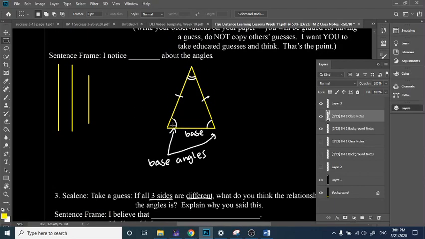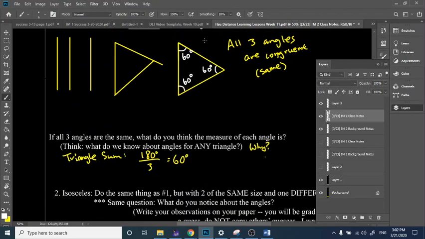So when we have sides that are the same, if we look at that relationship, across from the sides that are the same, you have congruent angles. Here, that's the same as that and that, because it's equilateral, so all the angles have to be congruent too.